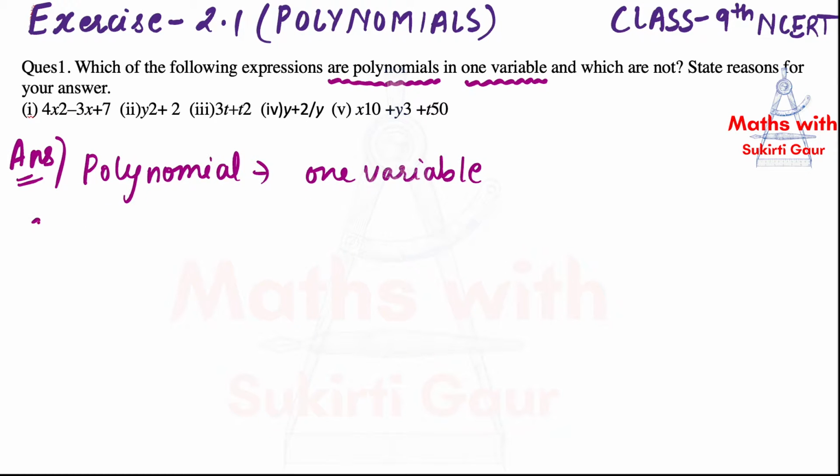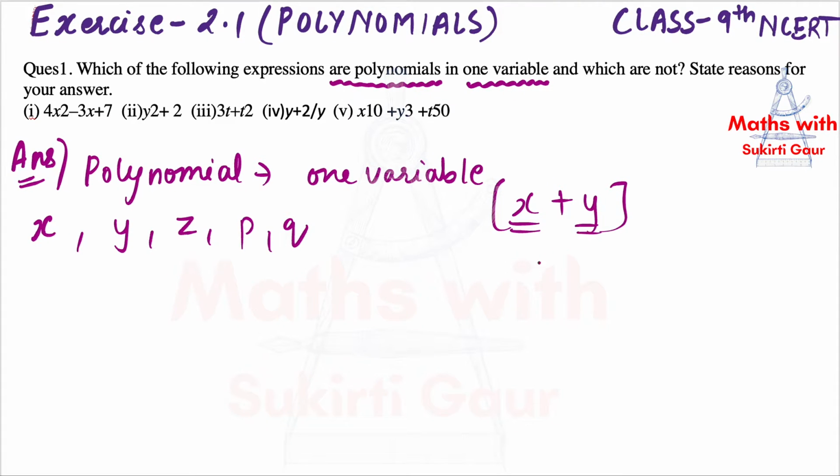If the polynomial is in x, it should be in x only, or if it is in y or some another variable like z or p or q, it should be in that only. We can't have 2 variables in a polynomial. For example, x plus y. These are 2 different variables in one polynomial. So this cannot be a polynomial in one variable.